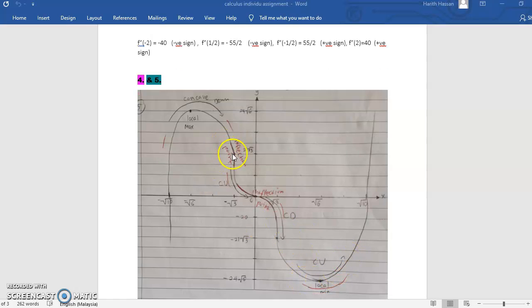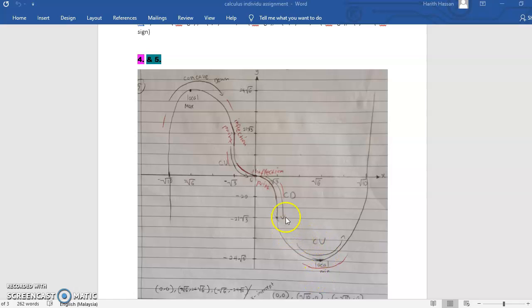So this is the point, the inflection point I said before. It decreases and decreases again. So that's how we can know the inflection point. So the local maximum is this, and the local minimum is this.